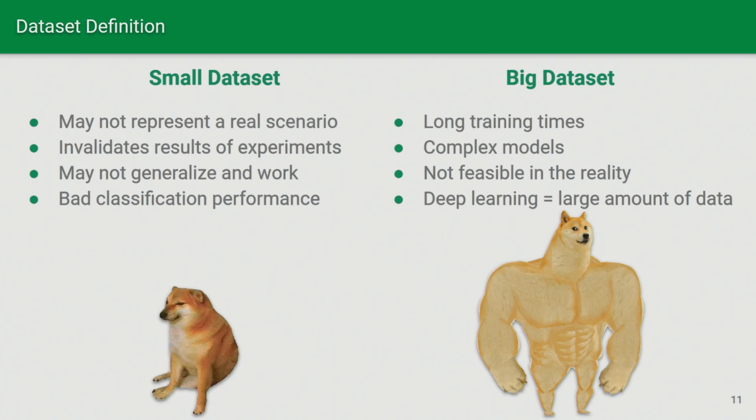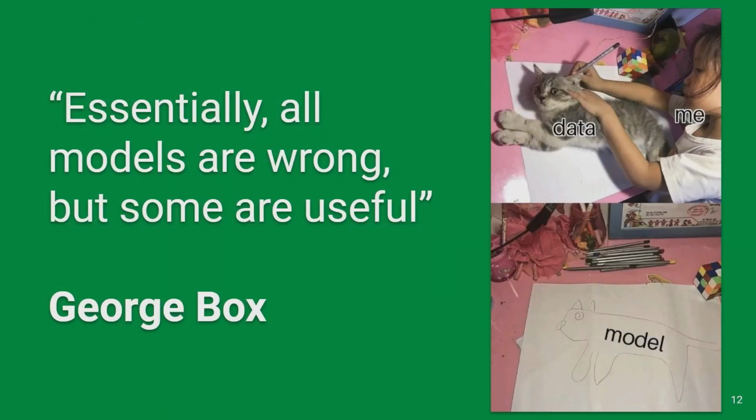And on the other hand, very large data sets can have long training times, produce very complex models, which can make the model not feasible in the real world. This is very common in deep learning models, which often need a large amount of data to show good results. In the words of George Box, mentioned in the majority of machine learning books, essentially all models are wrong, but some are useful.